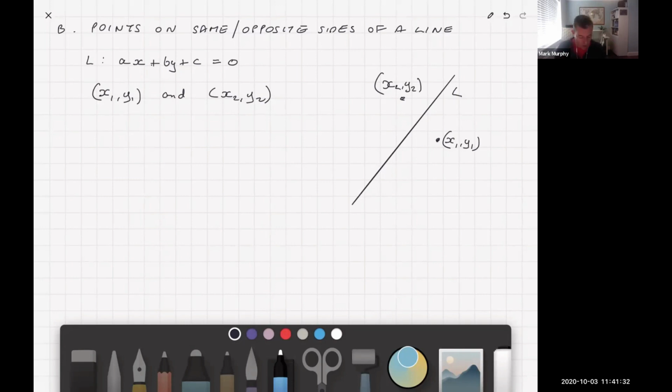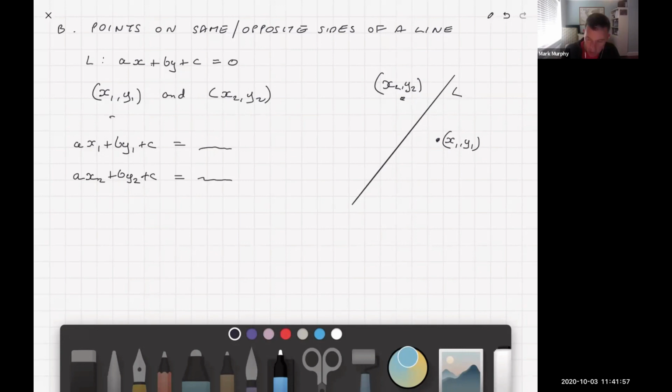Well, actually, all you do is plug in your values of x1, y1 into that. So in other words, you'd have a x1 plus b y1 plus c, and then whatever that is equal to. And then you do the same for the other one: a x2 plus b y2 plus c.